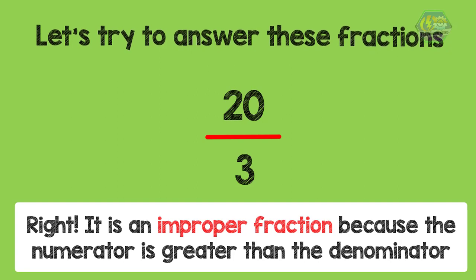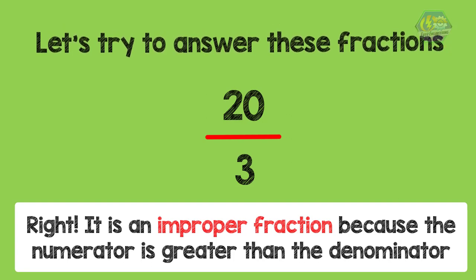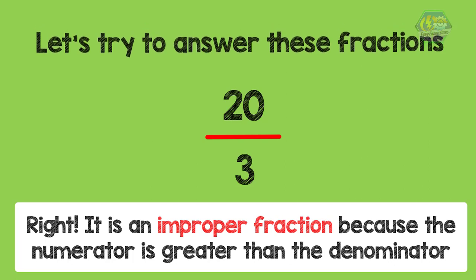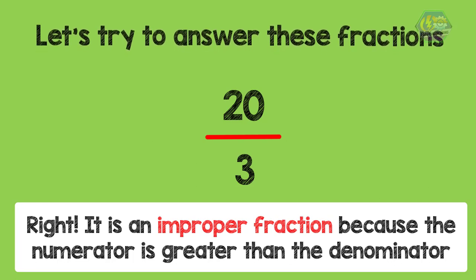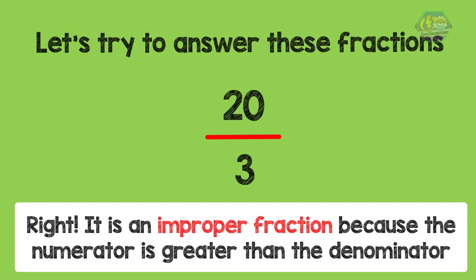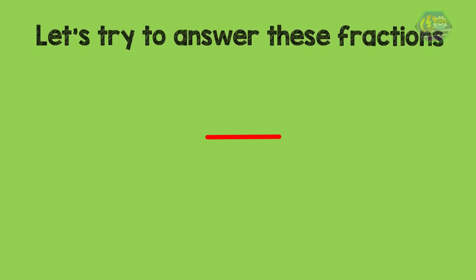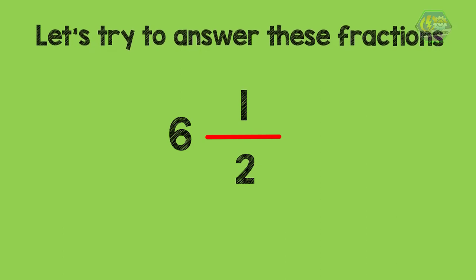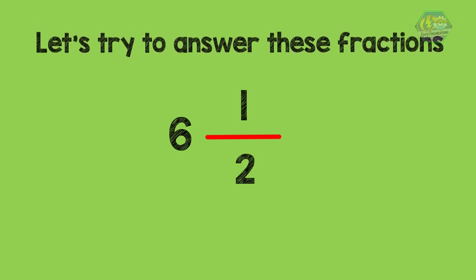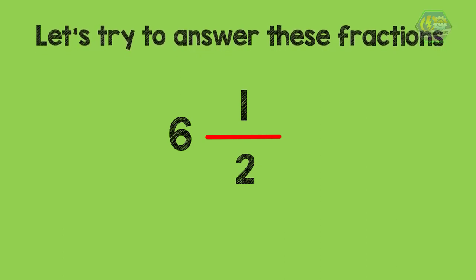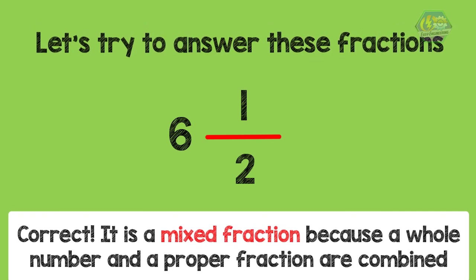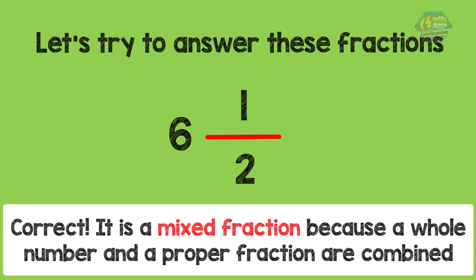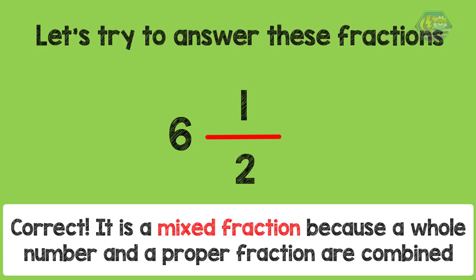Right, it is an improper fraction because the numerator is greater than the denominator. Now for the last question. What type of fraction is this? Correct. It is a mixed fraction because a whole number and a proper fraction are combined.